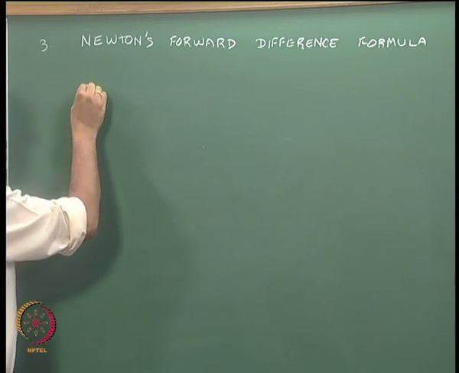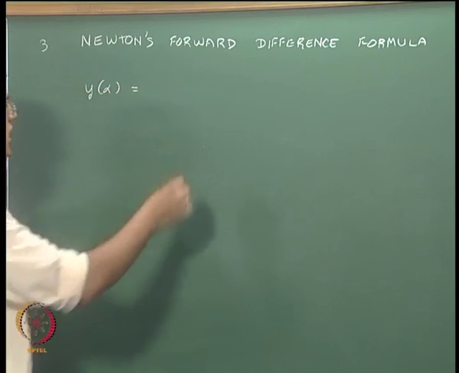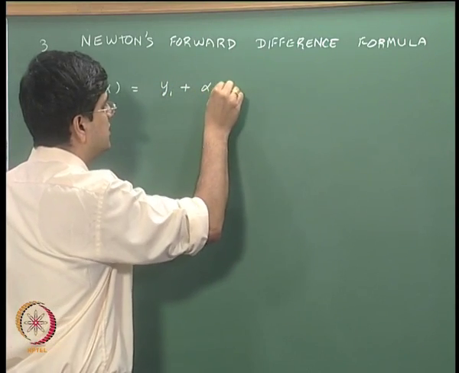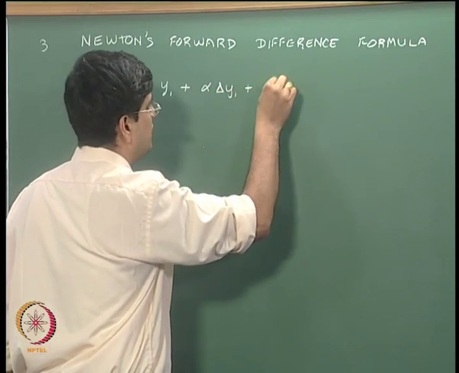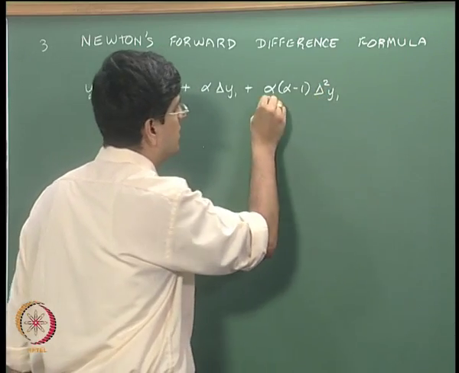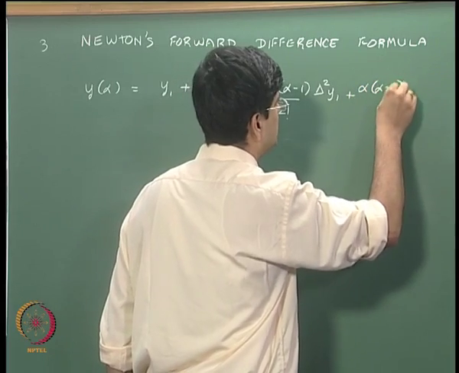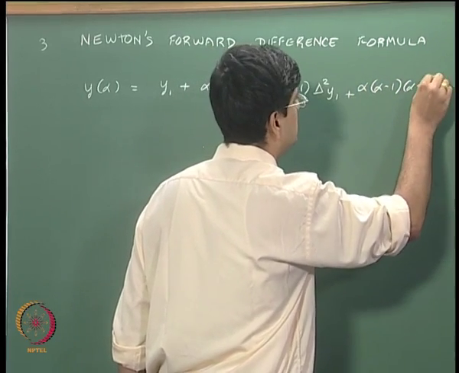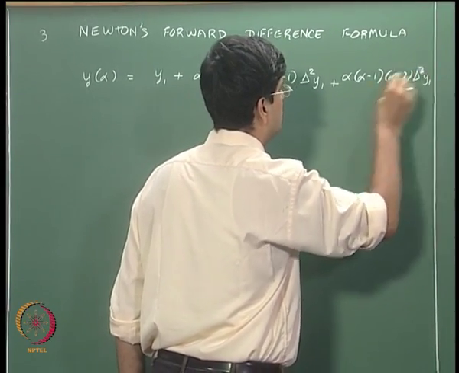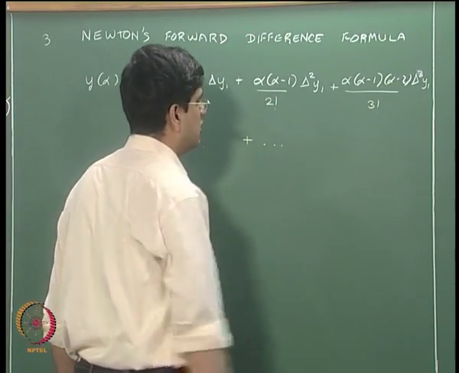So if we were to write a polynomial y of alpha, we would be able to write this as y1 plus alpha times delta y1 plus alpha multiplied by (alpha minus 1) times delta squared y1 divided by 2 factorial plus (alpha minus 1)(alpha minus 2) delta cubed y1 divided by 3 factorial plus dot dot dot.